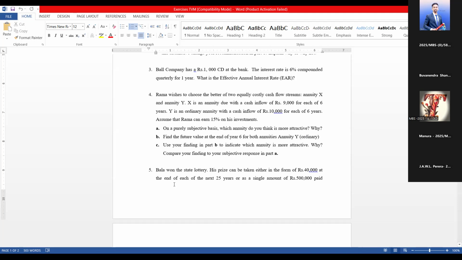Any others? Is the answer correct? Please check. I calculated a little bit more: 15%, 6 years, you take the ordinary annuity and the annuity due.